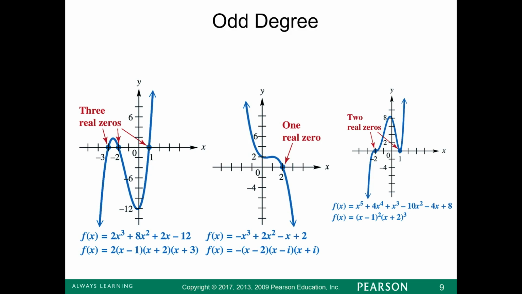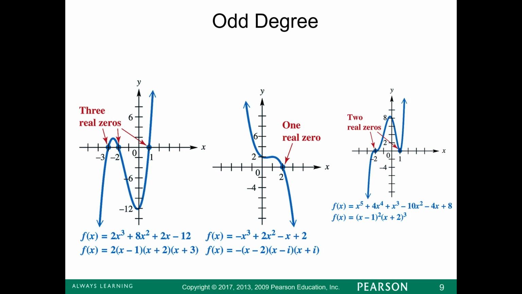Now if you look at the second one, how many zeros here? Only 1. So 2 is a real zero. It's only 1. And if you look at the third graph, negative 2 is a zero and positive 1 is the other zero, right? So these are 2 real zeros, is that right?